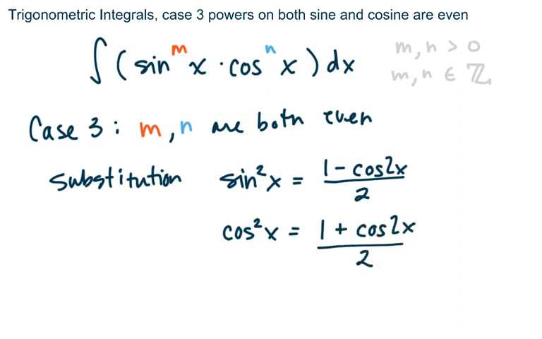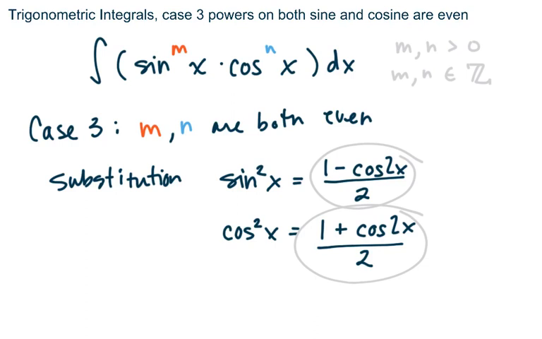Both of these are derivations of our double angle identities for sine and cosine. So we use these 2 formulas to reduce that integrand to one in lower powers of that cosine double angle.